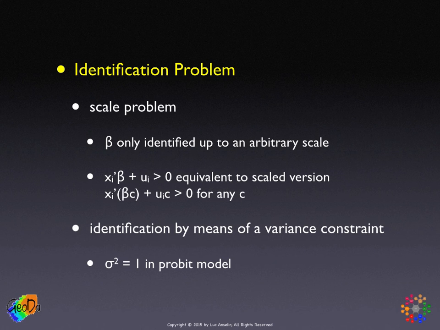So for a Probit model, then, that will result in us using a standard normal distribution. Standard because the variance is set to 1. So next we'll turn to the classic Probit and Tobit specifications.